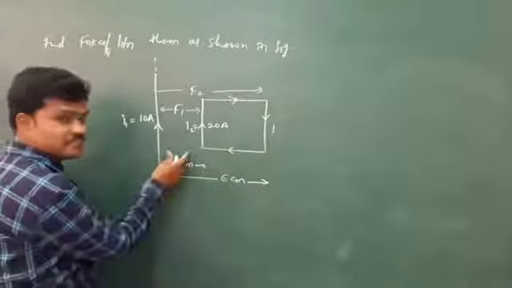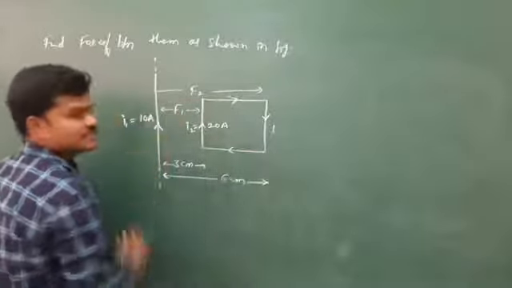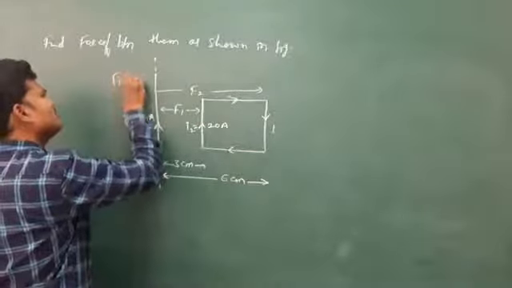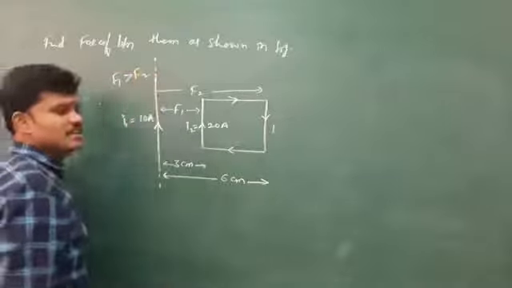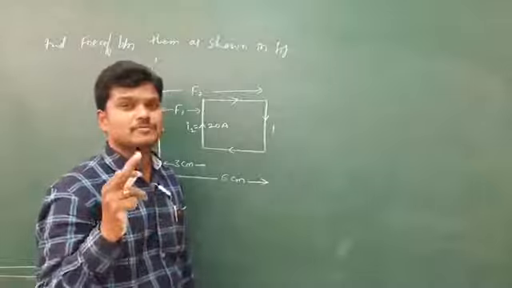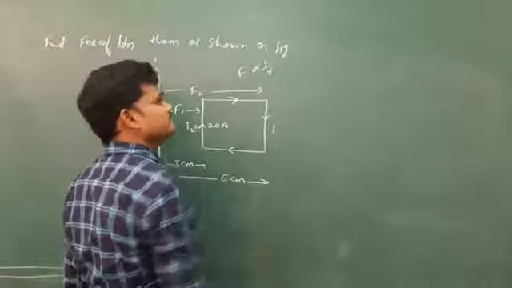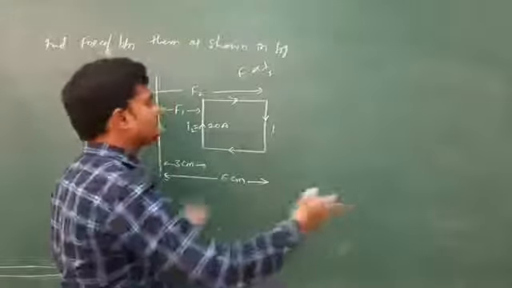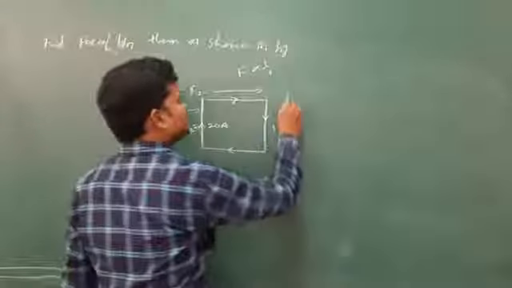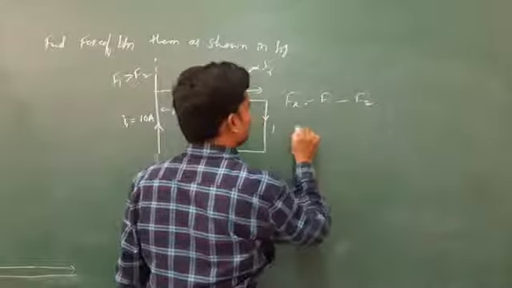Tell me which force dominates. Here this distance is less, so this force is more. This distance is more, so the force is less. So here no doubt F1 is greater than F2, because F by L is equivalent to mu naught I1 I2 by 2 pi r. F is inversely proportional to r. As r is more, this force is less. Now the net force, very simple. It is F1 minus F2.